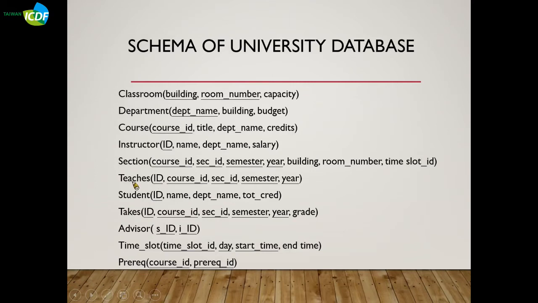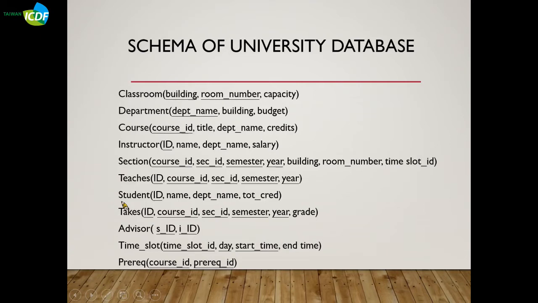Teachers records ID, course ID, section ID, semesters, and years, and all the attributes are regarded as the primary key.